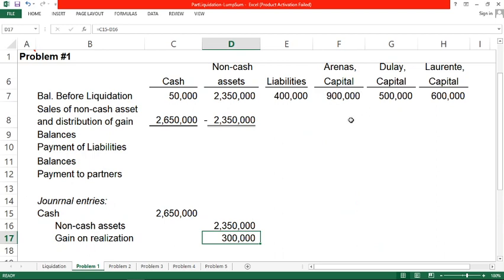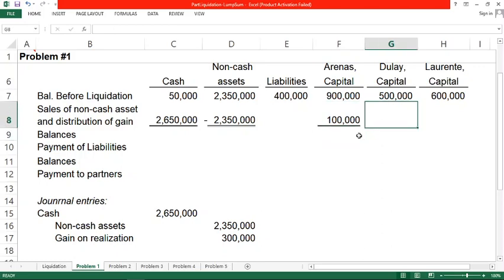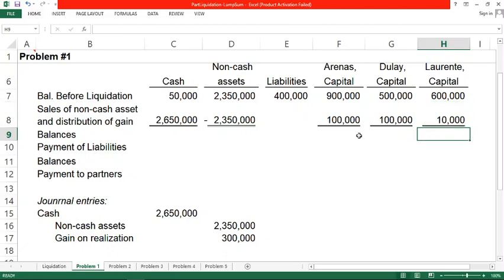So three partners, that is 300,000 divided by 3. So they will have a share of 100,000 each. After considering that share, partners' account balances will be 1,600,000 and 700.